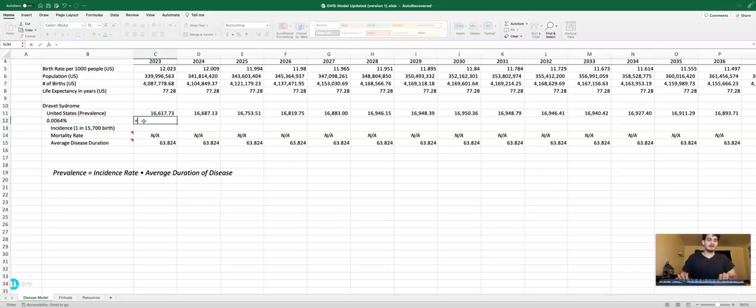So if I go like this, equals this, and then multiply by the total US population. Let me just fix this. Multiply that by total US population.